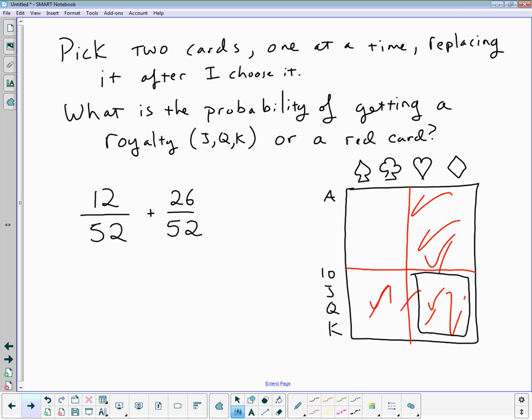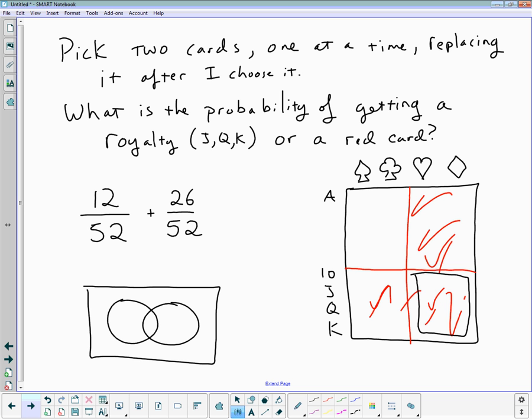So let's go back to that Venn diagram. Okay, so the probability of getting a red card and the probability of getting a royalty are... bad lettering.